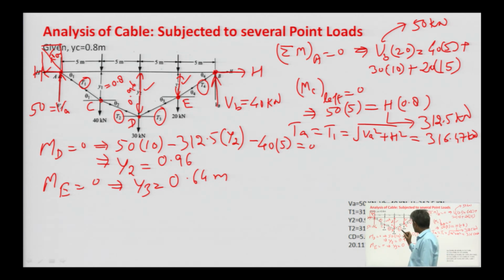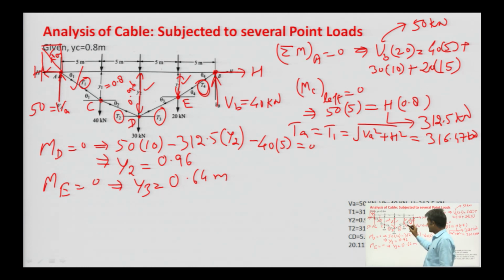Now, since we can apply the bending moment at this point E equal to 0, we will get the value of T4 exactly the same as we did for T1.